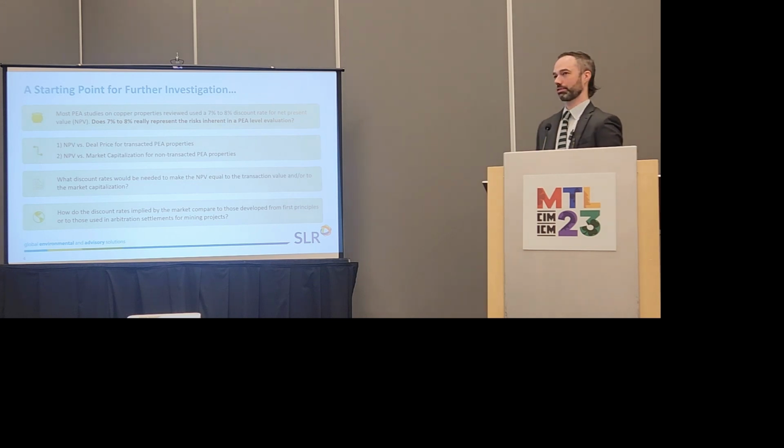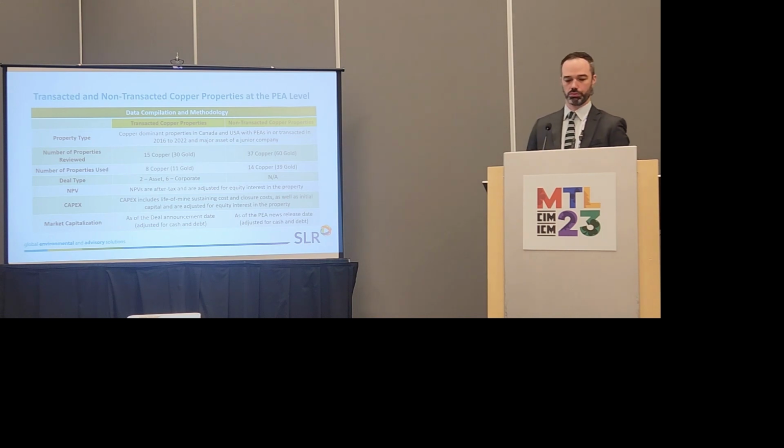One thing that's interesting to think about throughout the presentation is how the discount rates implied by the market compare to those derived from a risk-adjusted framework like Larry suggests, or to those used in actual arbitration settlements. When a project gets appropriated by a government and goes into arbitration, what does the court use for their decisions? Just something to think about.